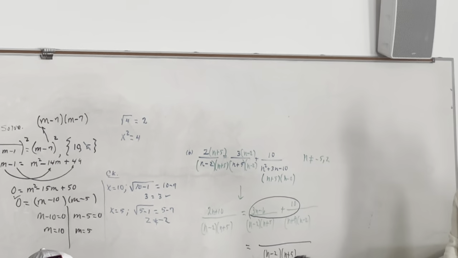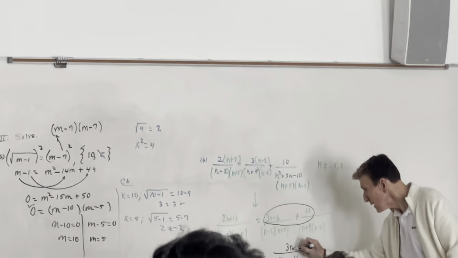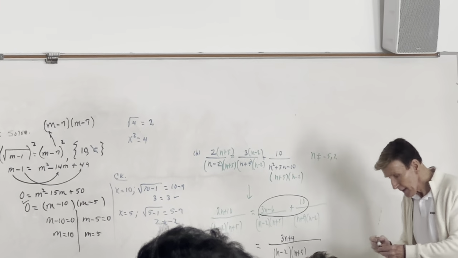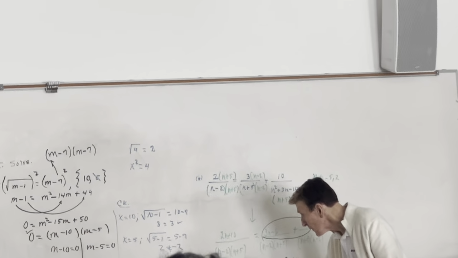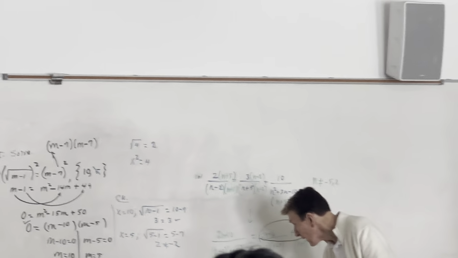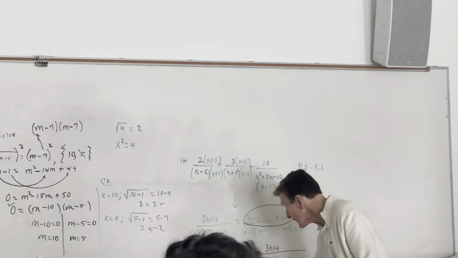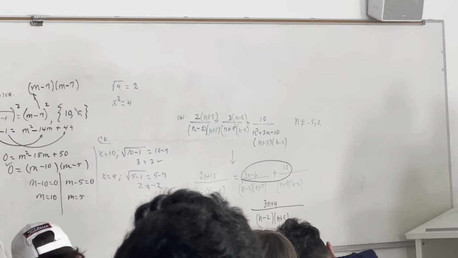What is that, 3n plus 4? Good suggestion. Now keep in mind, I still got this over here. Over this. Looks like that. Yeah. Thank you.